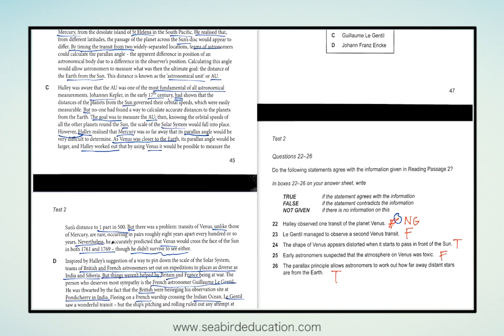Nevertheless, he predicted, so he is talking about Mr. Halley or Mr. Kepler. This is tricky. The past perfect here is talking about Kepler, but the rest of he here is related to Halley, so I can understand why that is false, sorry about that.